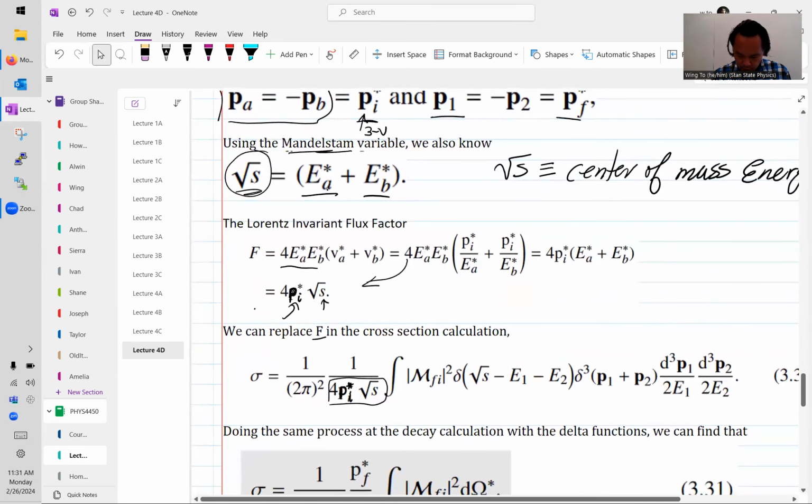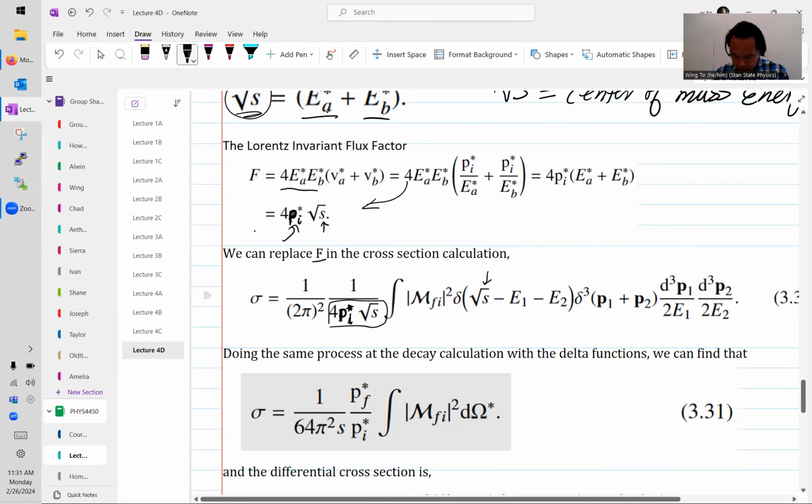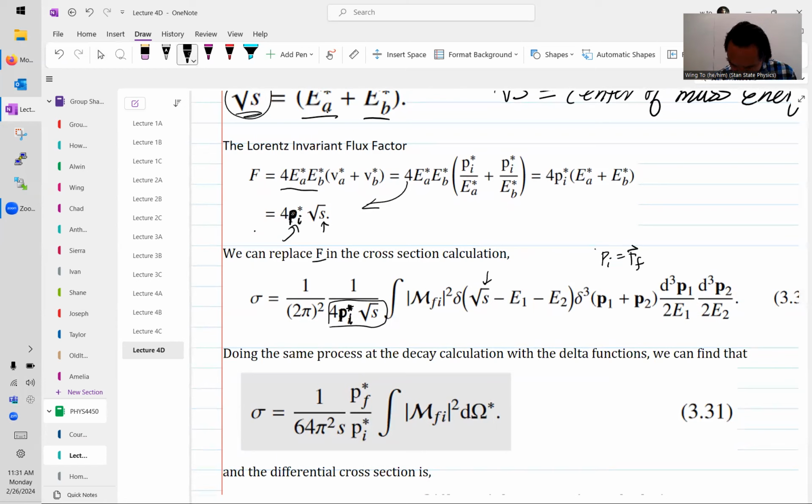So I can replace that. And then since P_i equals P_final in 3-vector form, we can also replace most of those P_A plus P_B with just P_1 plus P_2. And now we just have to evaluate this integral.